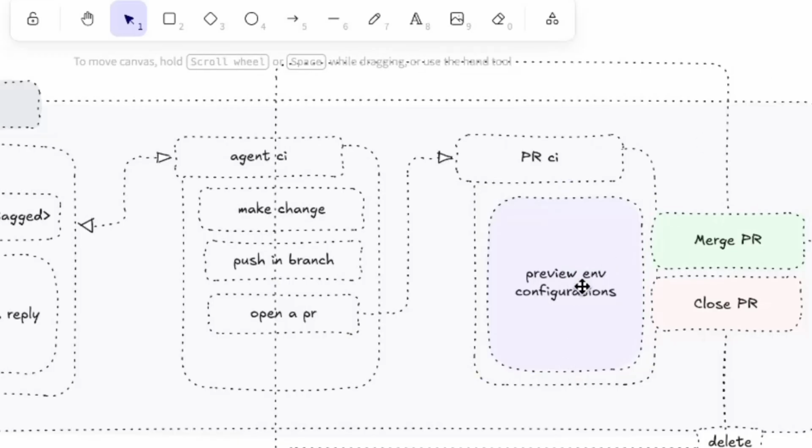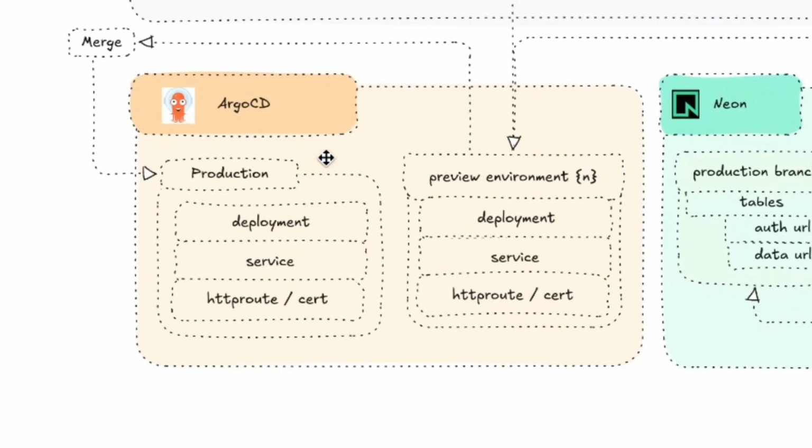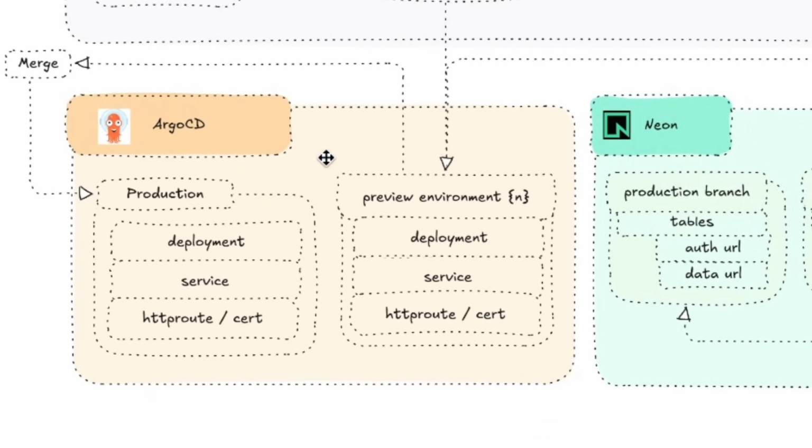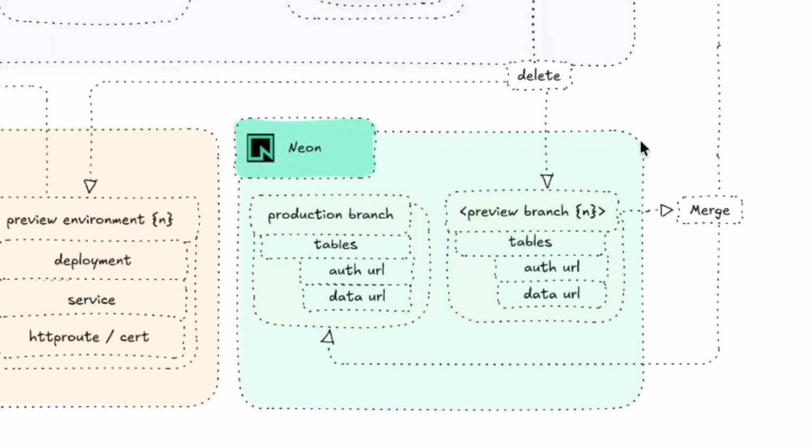Our preview environment consists of, in my case, Argo CD and Neon, where in Argo CD I'm using an application set to deploy a separate application that is a copy of the production one, as we spoke about earlier. On the Neon side, I am basically checking out a new preview branch, which is a copy of my production branch.